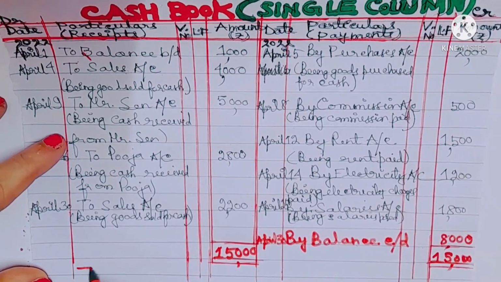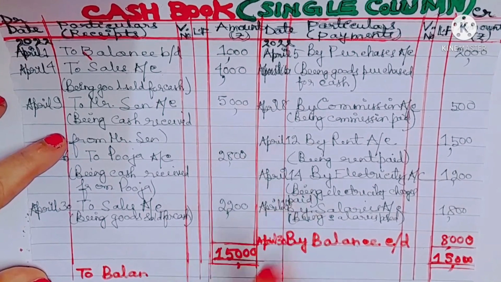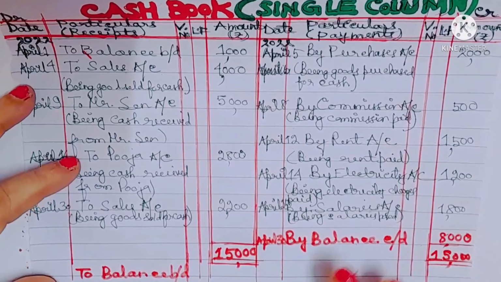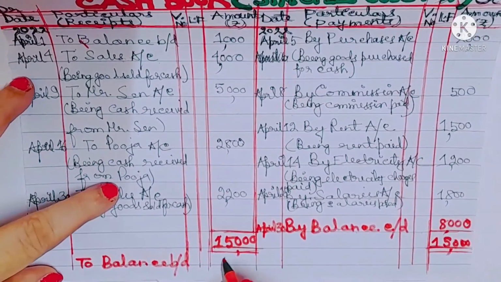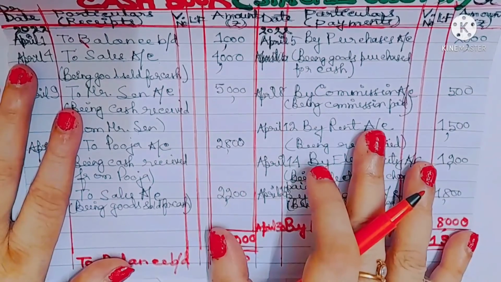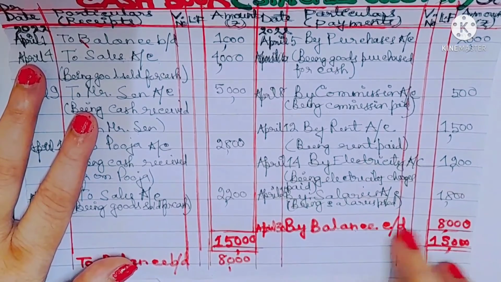So to balance BD, we have to write beneath the debit total. I've already taught you. I hope you remember. Same amount 8,000. Mamuni has not shut down her business. She has not closed her business. So a closing 8,000. This is the closing cash.